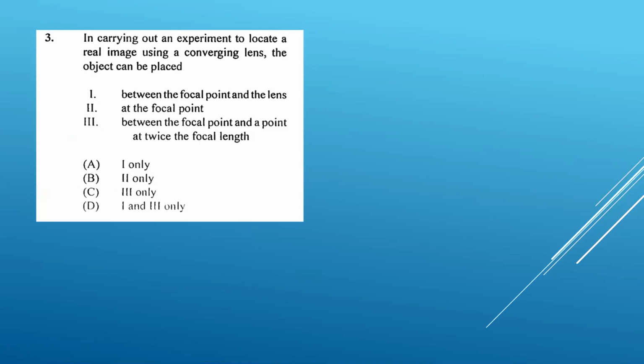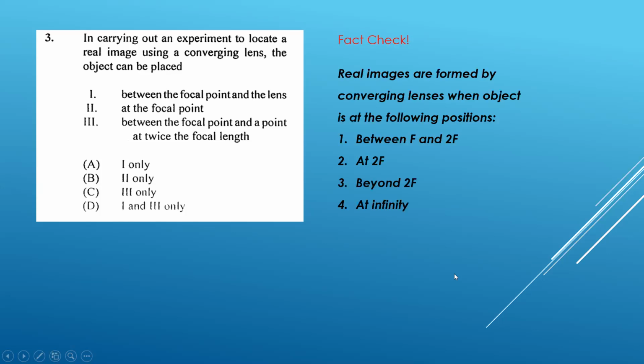Number 3, this is an optics question. In carrying out an experiment to locate a real image using a converging lens, the object can be placed, and you are given three options. So which one or two apply, if all of them apply? For converging lenses, you have to remember that real images are only formed when the object is placed at these four positions.